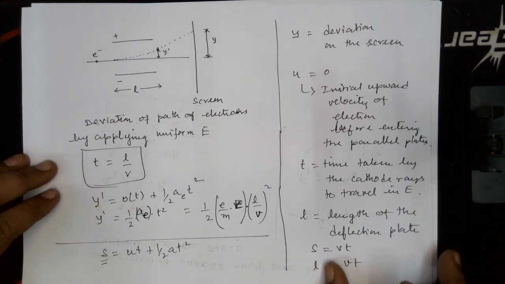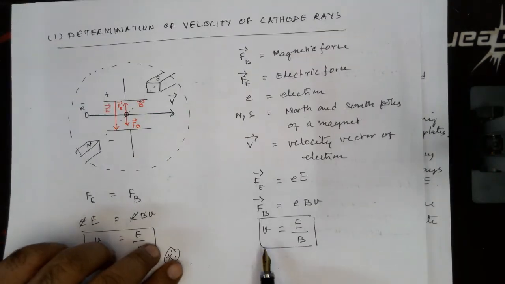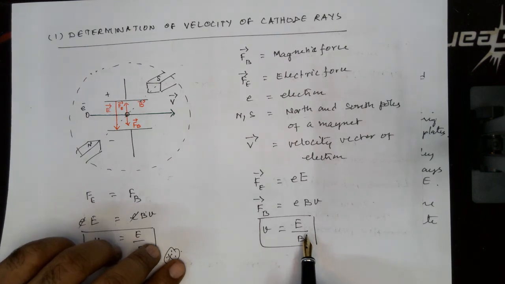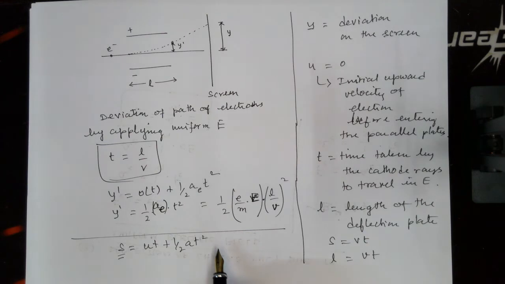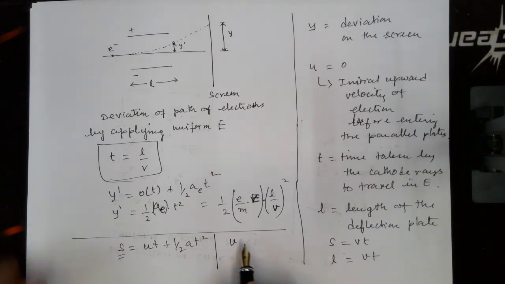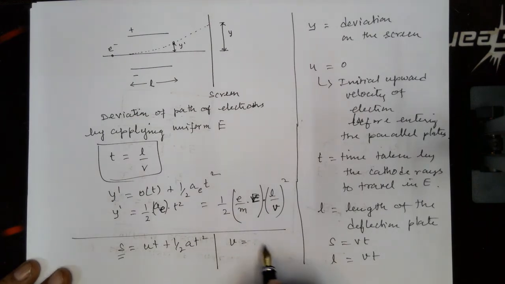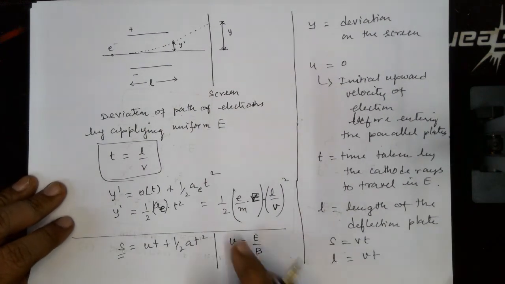And we have another equation, that is V is equal to E by B. Is it not? We have mentioned about this velocity, correct? V is equal to E by B. So this is also replaced. So we will replace this one also.